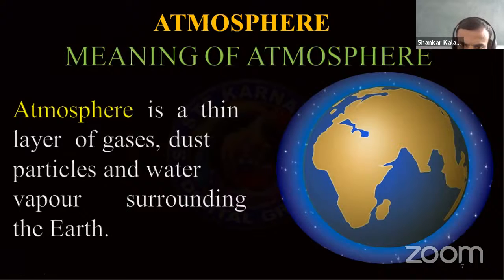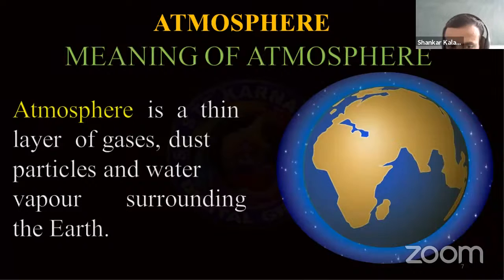It is spread around 1,000 kilometers from the earth's surface toward space. It is a very thin layer, which includes different kinds of gases, dust particles, and water vapor.